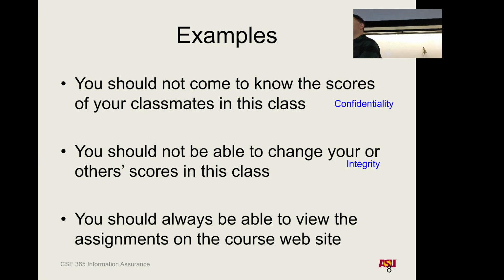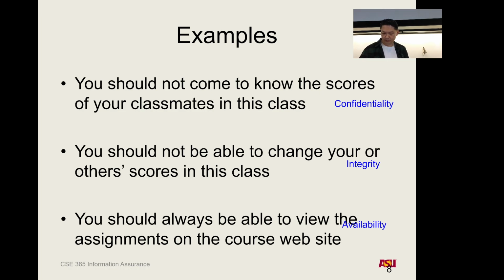That's why hash functions are the core factor in blockchain technology. Like that, integrity is very important in cyberspace. The last one: you should always be able to view. What is that?